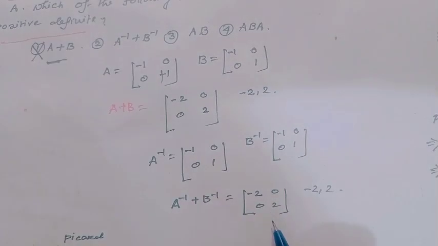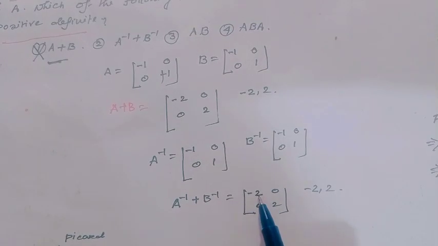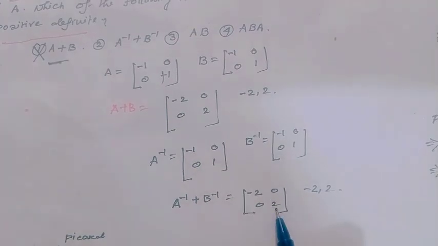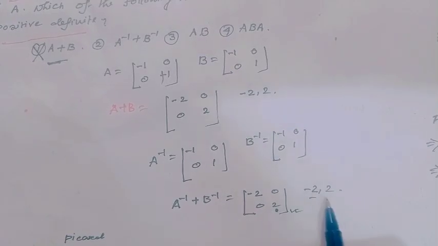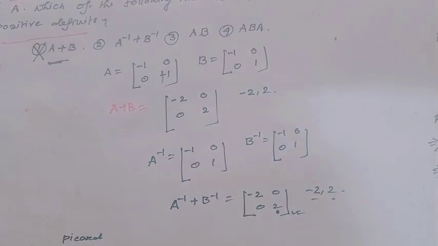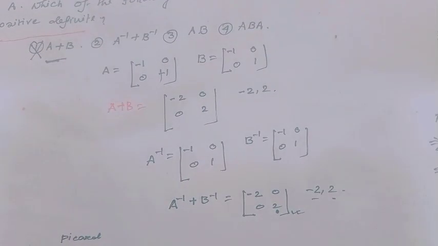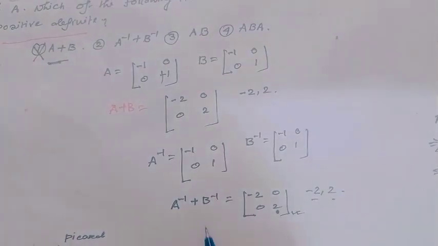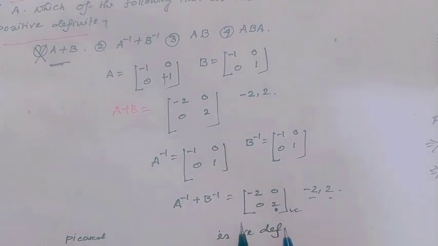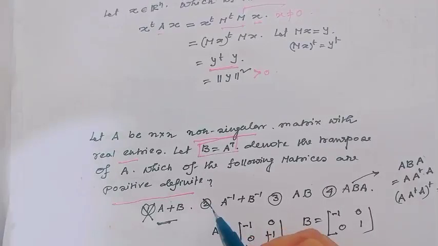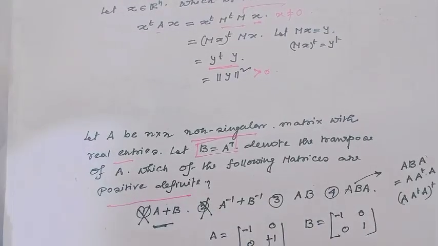Then similar to before, A inverse plus B inverse would be -2 and 2 on the diagonal, and by this construction the eigenvalues here are -2 and 2. So A inverse plus B inverse is not positive definite. Now option 2 is a wrong option.